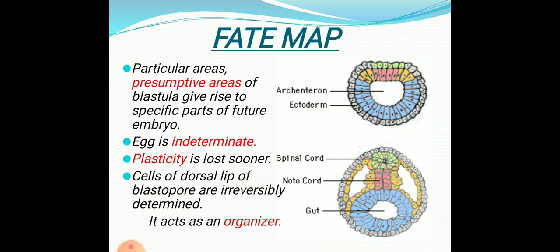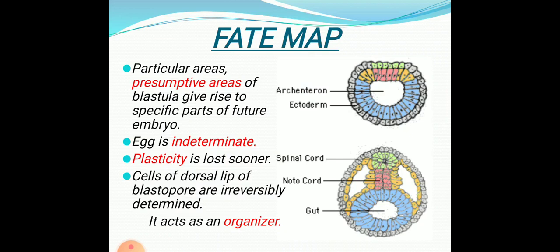Hence the macromeres of the vegetal pole develop into the endoderm. Endoderm is a germ layer, formed from the macromeres present in the vegetal pole.